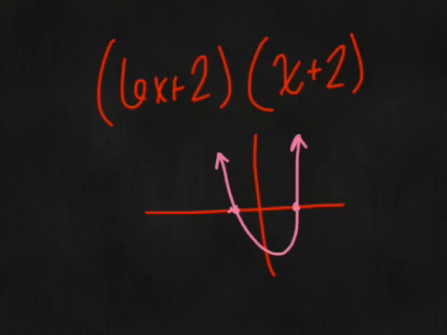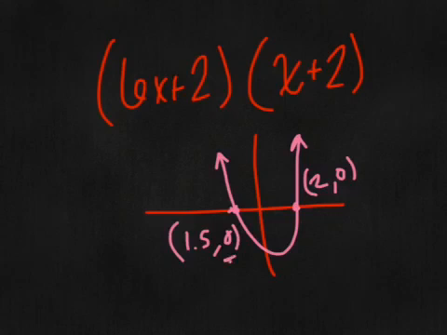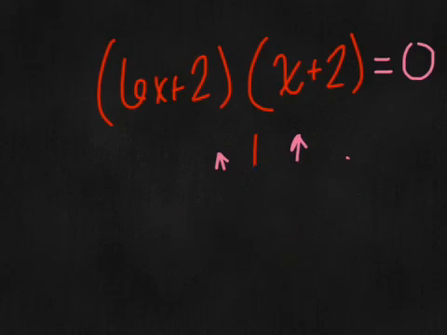Let's say this one is 2, 0, and we'll call this one over here 1.5, 0. It's just arbitrary for now, but the point is that the y-coordinate is 0. A function f of x is the same thing as y, so if we set that equal to 0, we should be able to solve and find the places where it would cross the x-axis. So when we talk about solutions for a quadratic function, what we're asking for is where it crosses the x-axis.